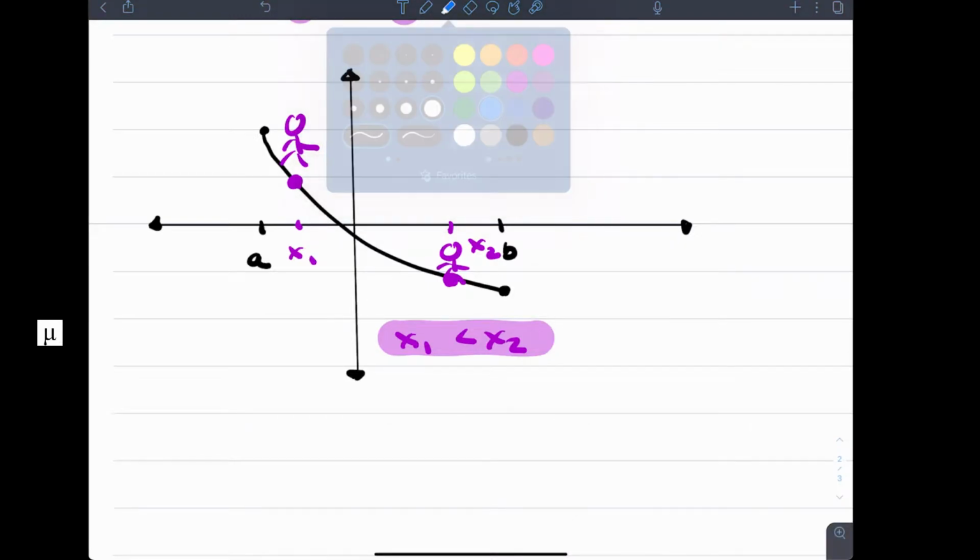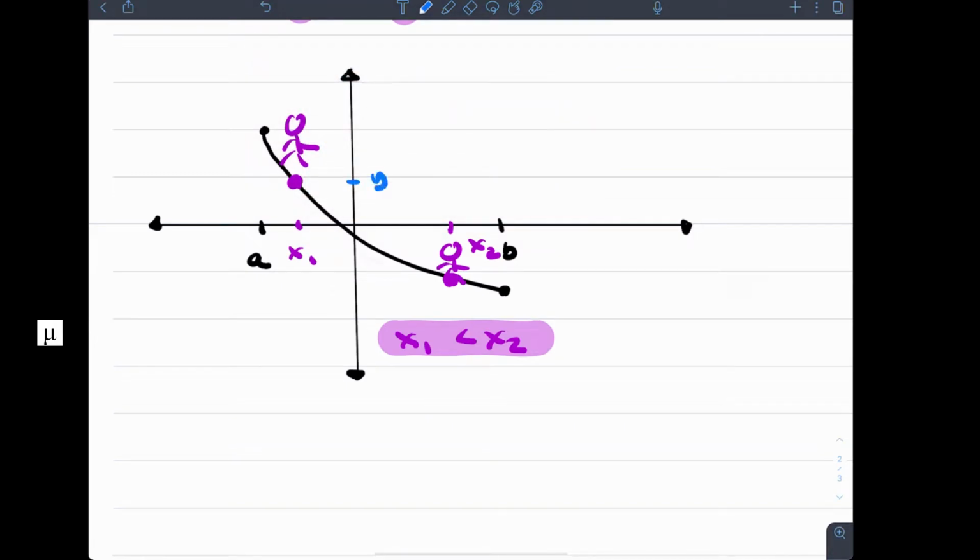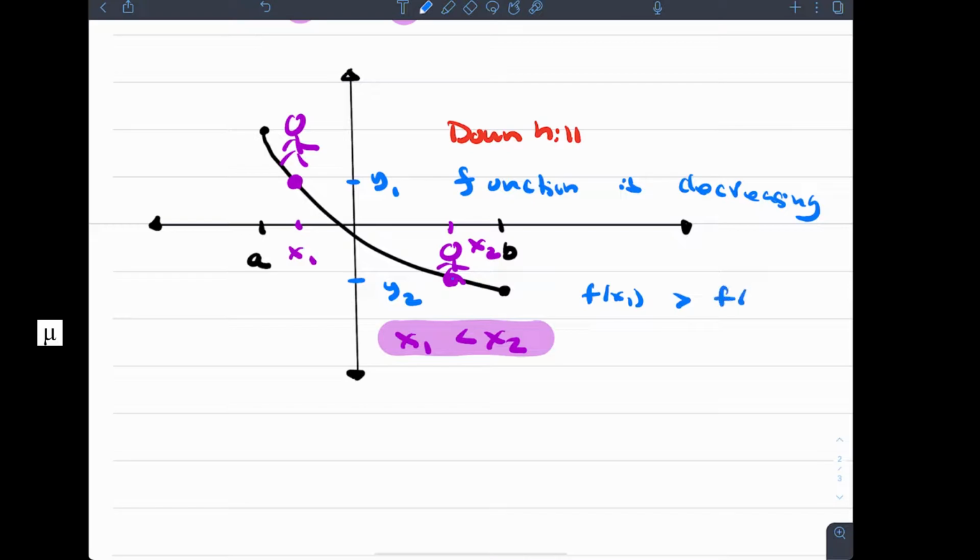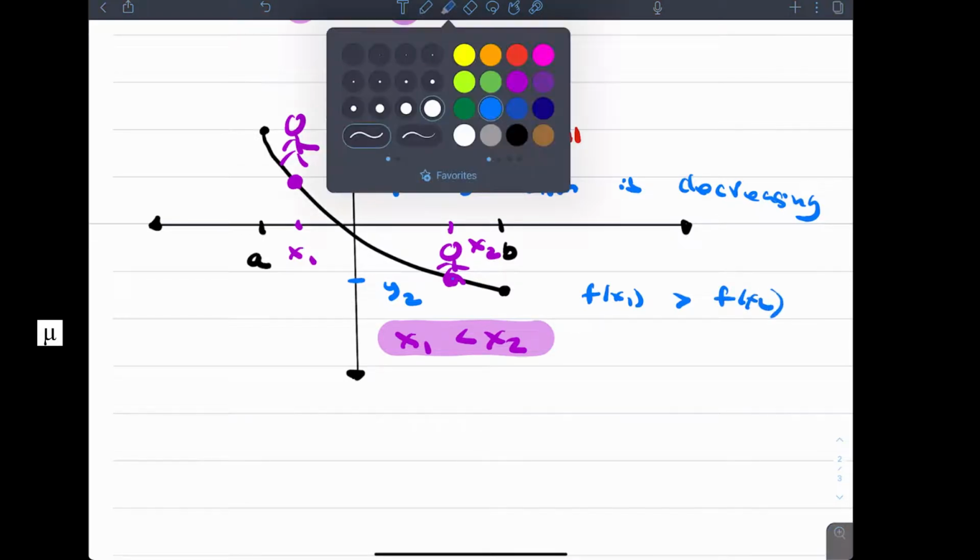What are the altitudes? This is y1, this is y2. Where are you higher, ladies and gentlemen? You're higher on the left than you are on the right, is that right? So as you walk left to right, what do we consider this? Downhill. This means your function is decreasing. But what's really happening, really by definition, is f of x1 is bigger than f of x2. That's what's really happening.